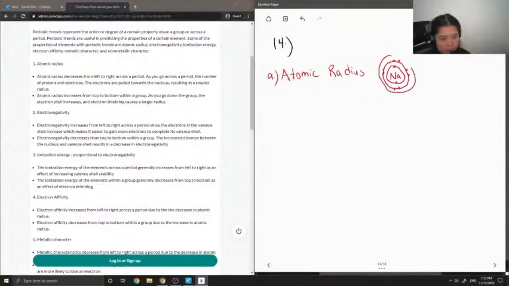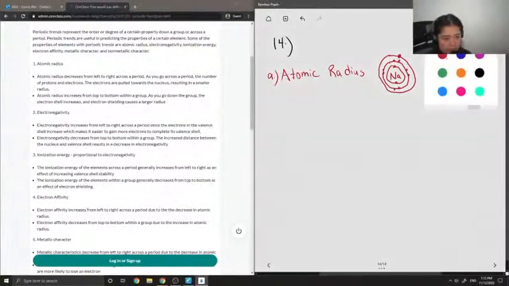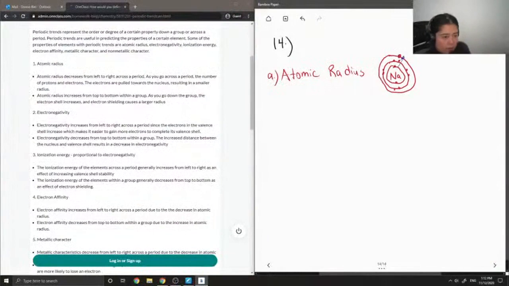And you can see that it has a valence electron, just one. So its atomic radius is the length of this blue line, pretty much. So basically, the more electrons you have in an element, the larger your atomic radius is.